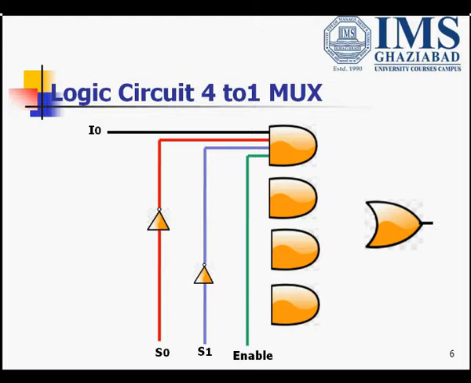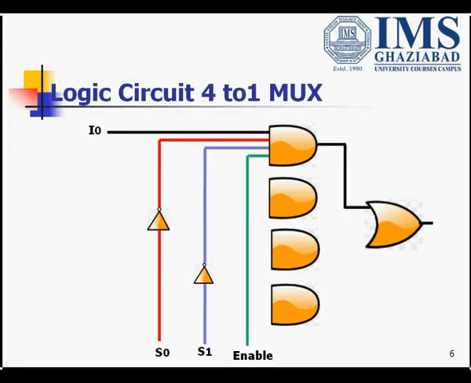So here the input would be, enable would be 1, S1 0, S0 0, and since these two S1 S0 are passing through a NOT gate, the values would be inverted and 1 1 would be going to the circuit.